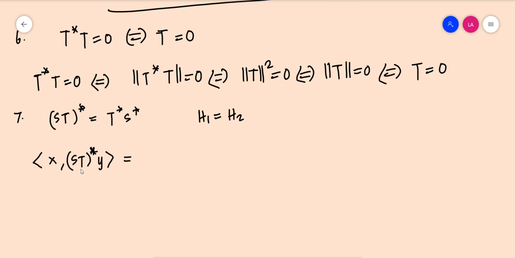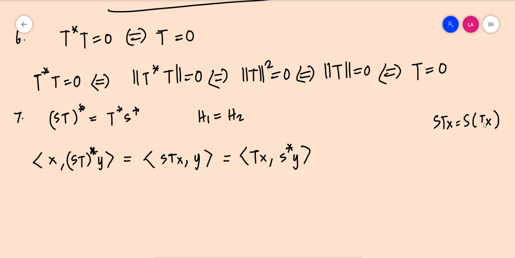Now using property 1, this can be written as STx comma y. Since S has the Hilbert adjoint operator S star, this can be written as S of Tx comma y, which should be equal to Tx comma S star y, since S star is the Hilbert adjoint operator of S. Now STx is actually S of Tx.